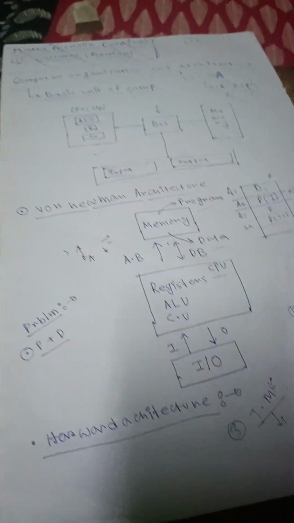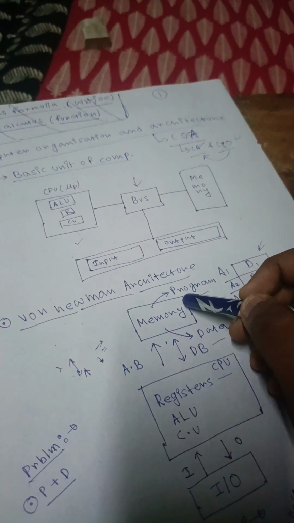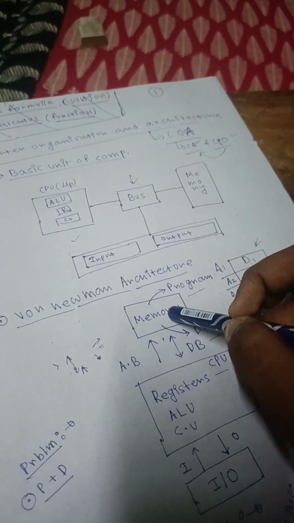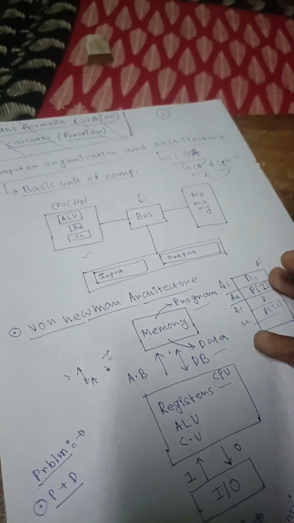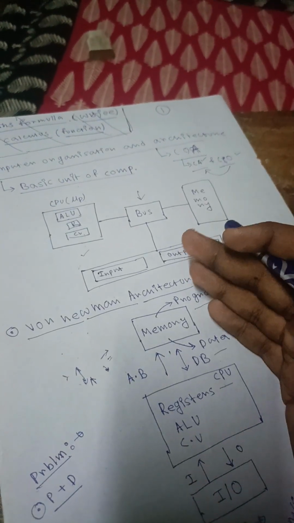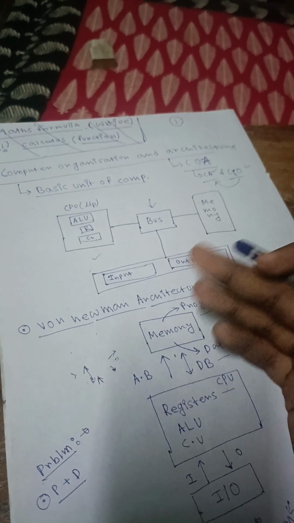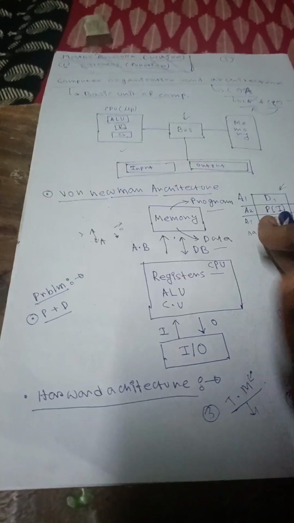So Harvard architecture separates them out. It made a separate memory for the programming logic and a separate memory for the data. As it separates them out, it is easier to manage. It is scalable and manageable. That's why Harvard architecture came into the picture.